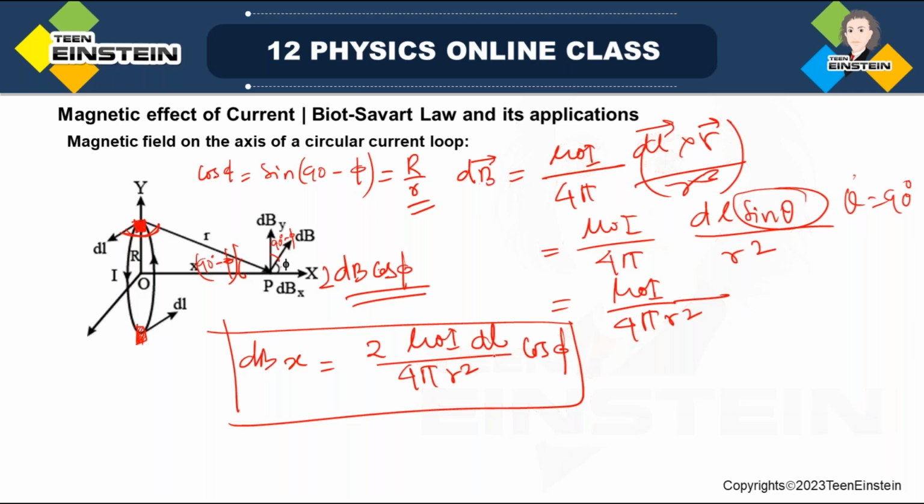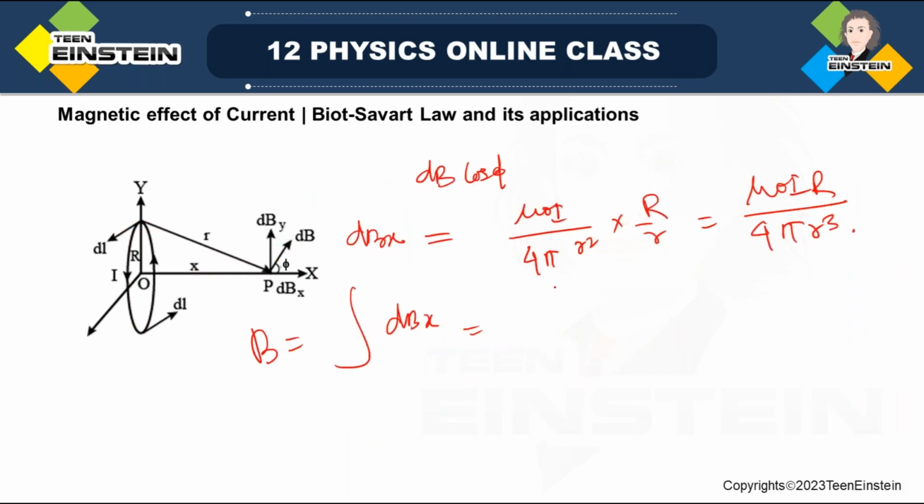The dl term will be there. So here we have got mu 0 I by 4 pi, then r dl by r cube. Okay.